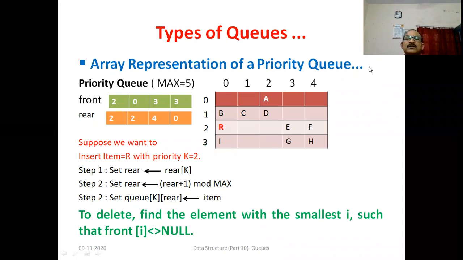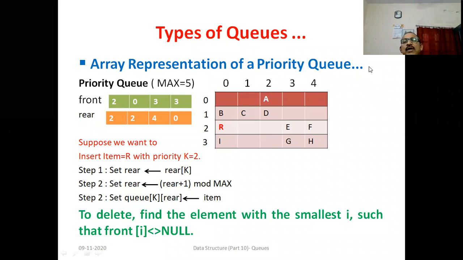Here you can see A is placed at 0, 2. For this, you go to the front array at location 2, and you will get the front value. Is it clear? And at the rear, you can get the rear value.